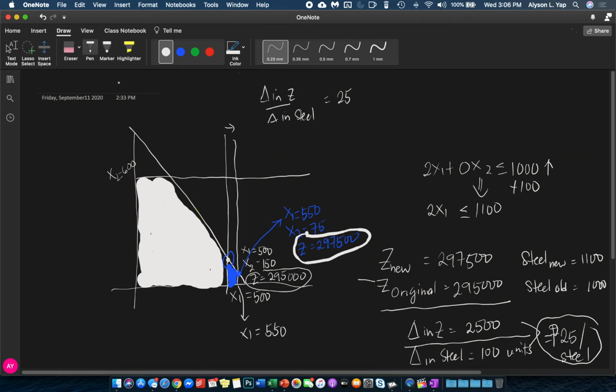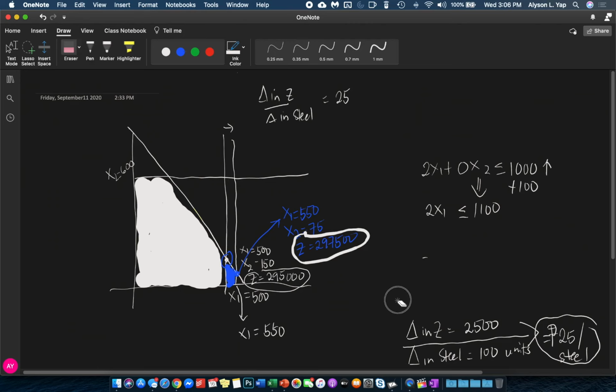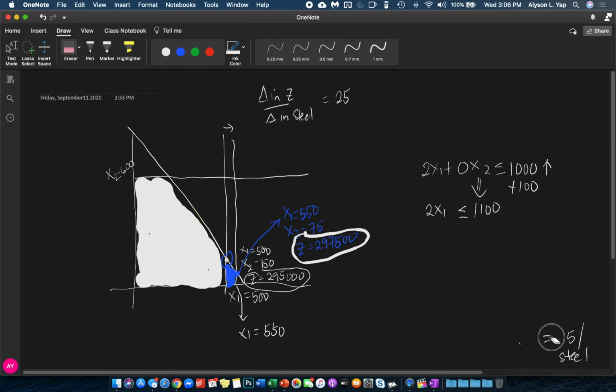Okay? Now, what I'd like to do next is to further increase our steel. Instead of just increasing by 100, what if we increase this up to 200? Some arbitrary value, let's say 200.